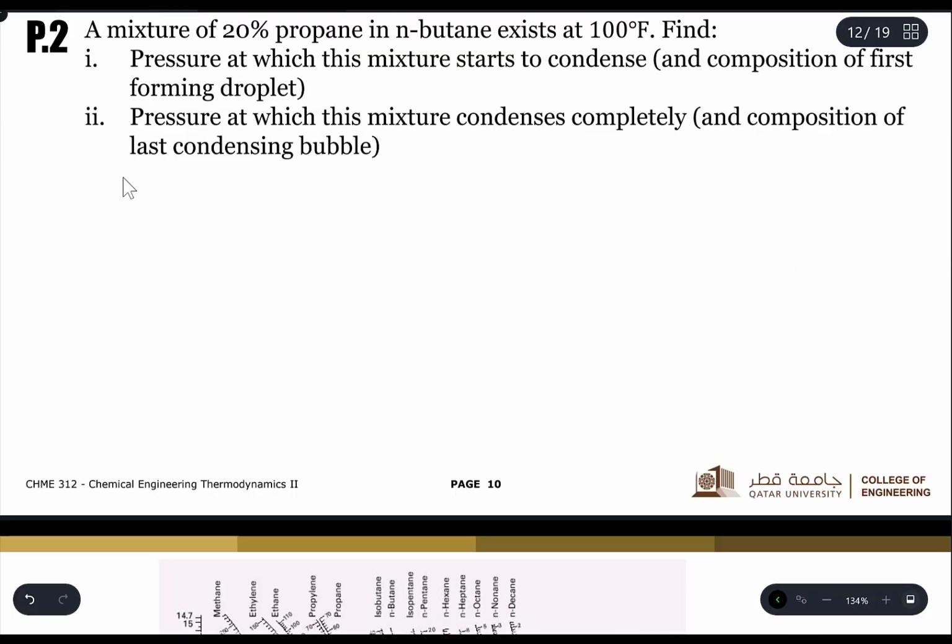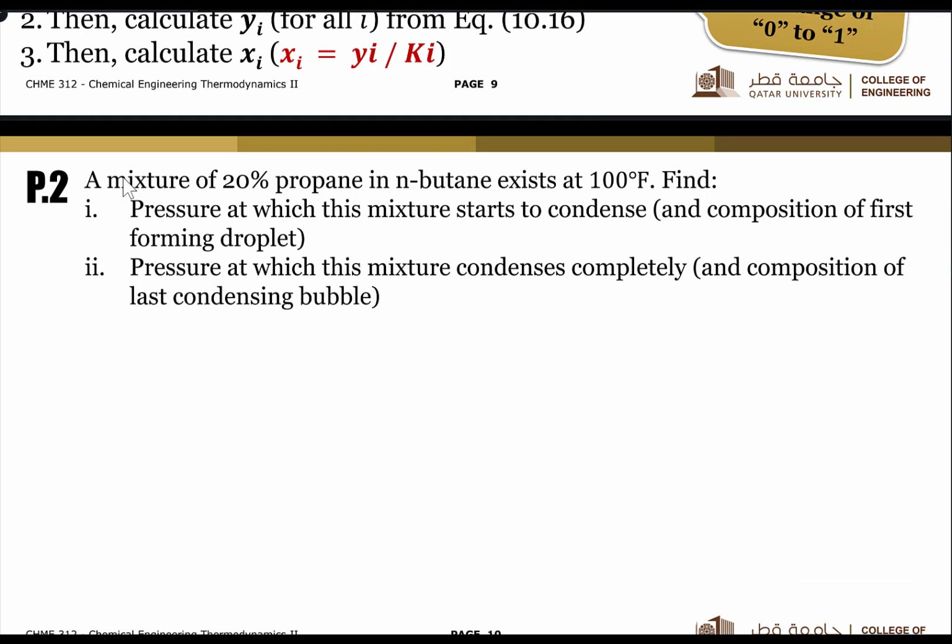For problem 2, you're going to find the dew and bubble pressures. In this case, the dew pressure is 59.38 psia, and the bubble pressure is approximately 79.46.